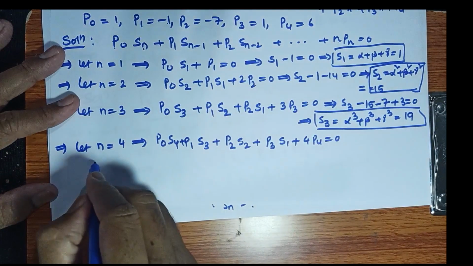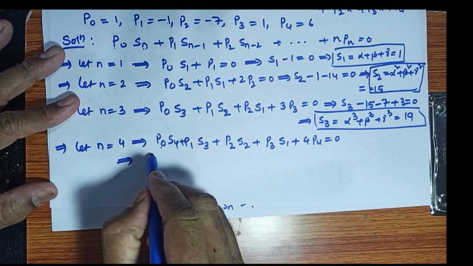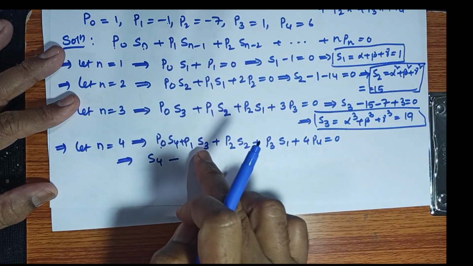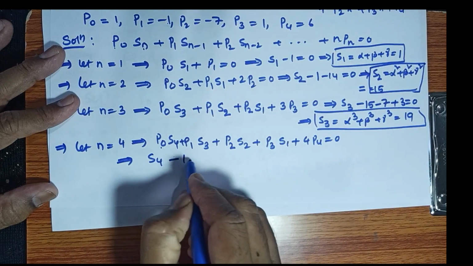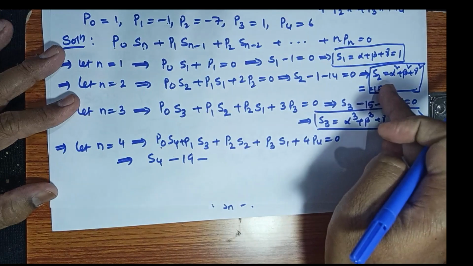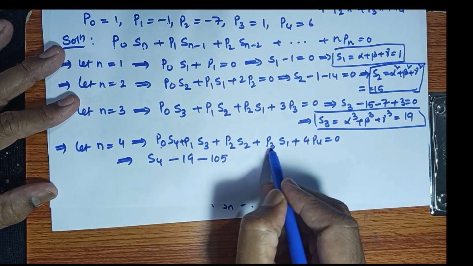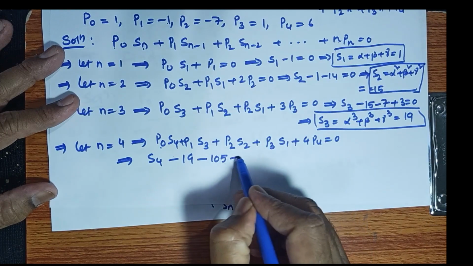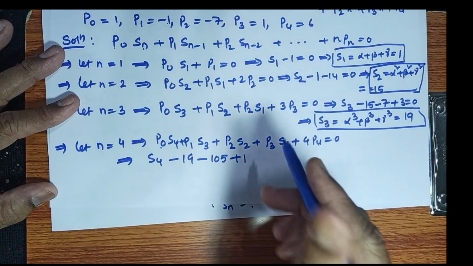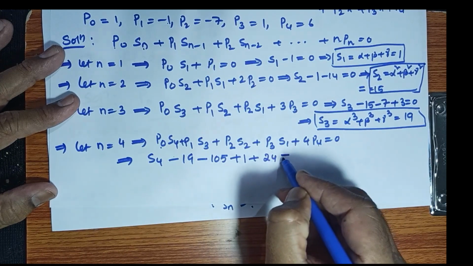By this we can get: P0 is 1 into S4, plus P1 is minus 1 into S3 is 19, meaning minus 19. P2 is minus 7 into 15 is minus 105. Next P3 is 1 into S1 is 1, plus 1. 4 into P4, 4 into 6 is 24, is equal to 0.